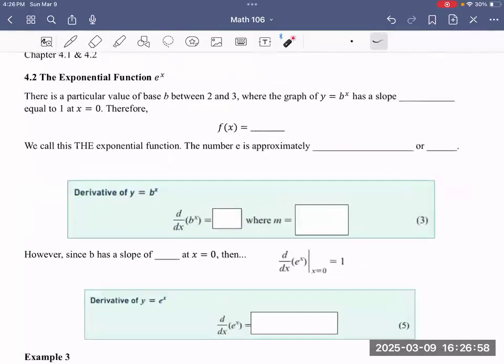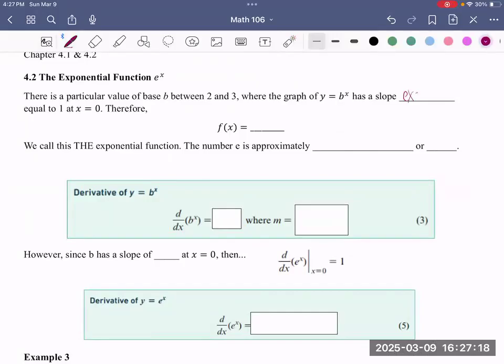Now let's move on to 4.2, where we get exposed to the exponential function e to the x. There is a particular value of a base b between 2 and 3 where the graph of y equals b to the x has a slope that is exactly equal to 1 at x equals 0.